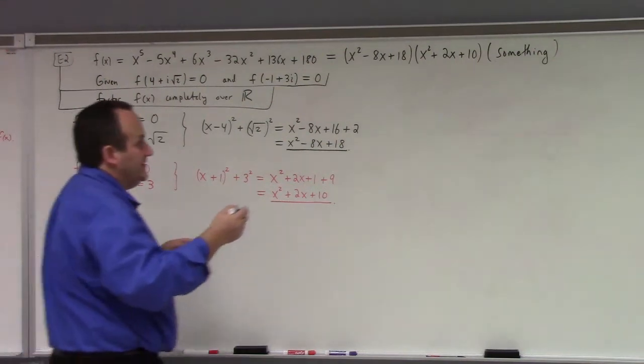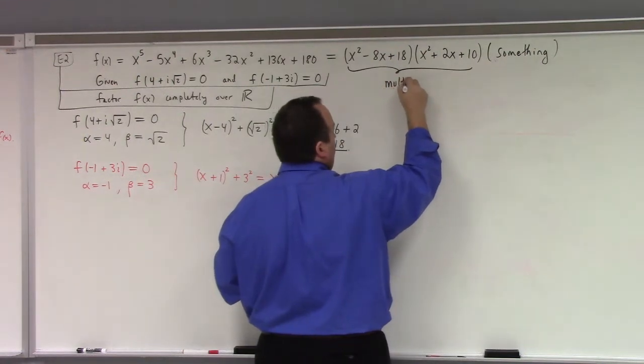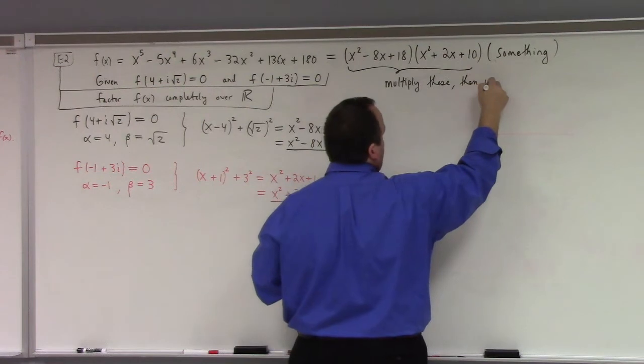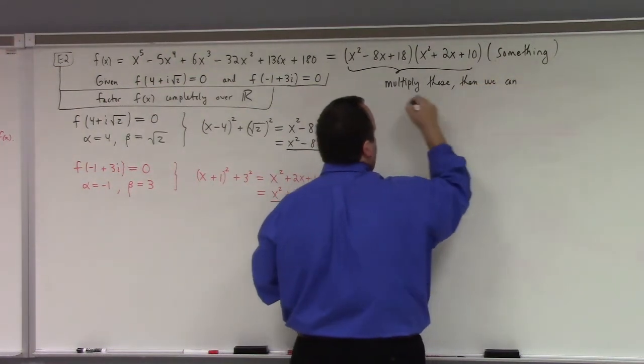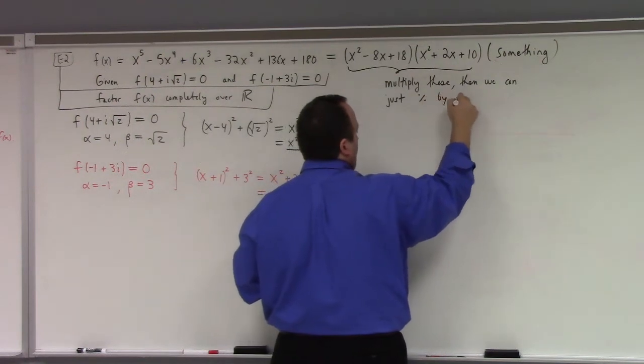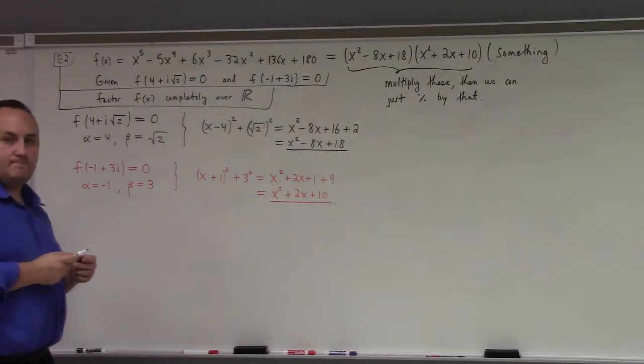So if we multiply these, then we can just divide by that.